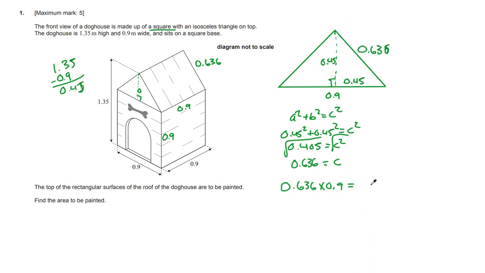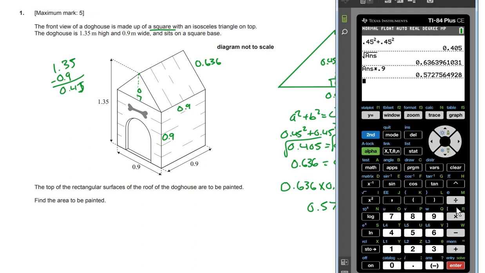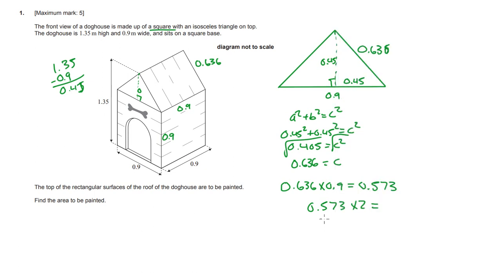Let's put it over here, 0.573. That's for each one of the two, so we'd have to take 0.573 and multiply it by 2. Again, we already have the non-rounded answer in there, so I'm just going to multiply that by 2, and we get 1.15 if we round it off to 3 significant figures, right?